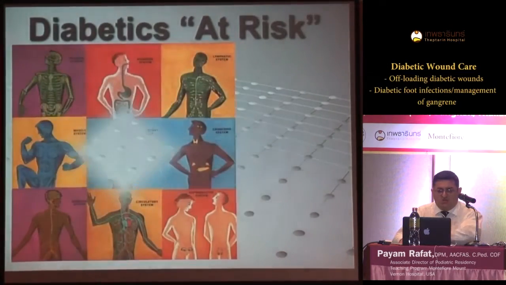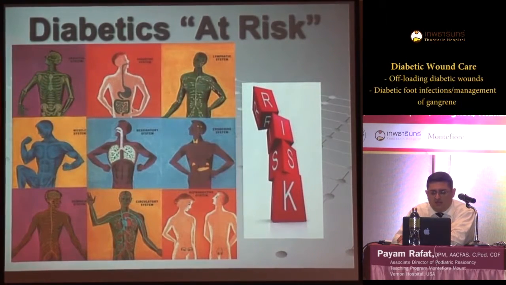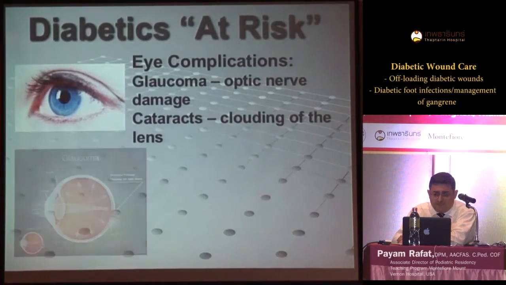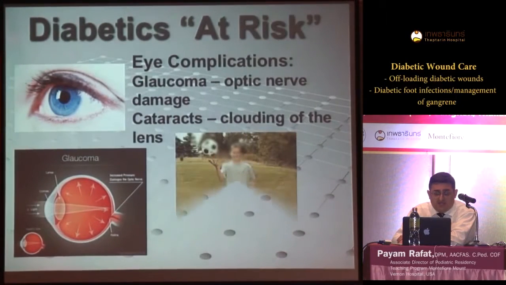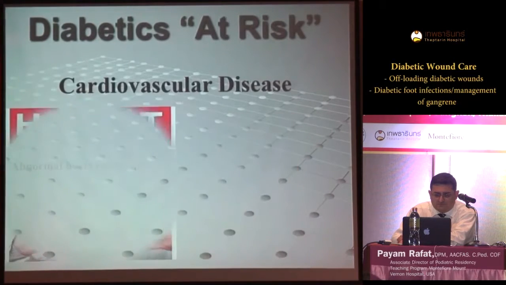So diabetics in general are at risk because diabetes does affect the entire body. They're at risk for eye complications. They may not be able to see their feet as well as they would like, and may not notice the problems if they are there.